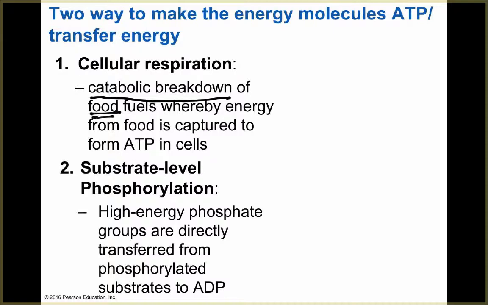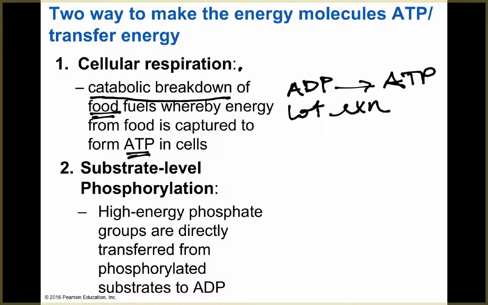Where food that we eat is turned into ATP itself. And it's done that way because we start with this molecule called adenosine diphosphate, and we make adenosine triphosphate from this process. And it's a lot of reactions. RxN is a shorthand for reactions.